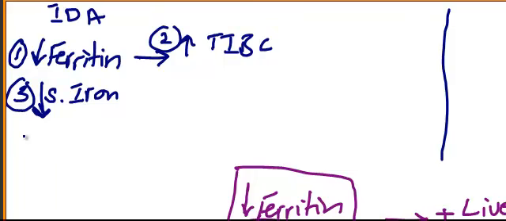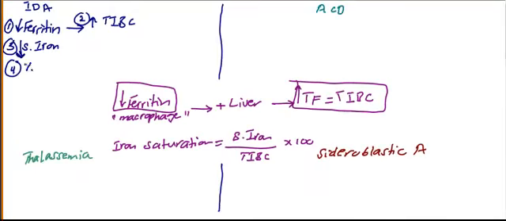How do you know the percent of saturation? If you have decreased serum iron and increased total iron binding capacity, according to this equation, mathematically this will lead to decreased iron saturation.